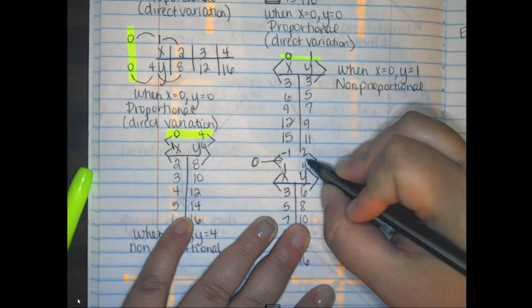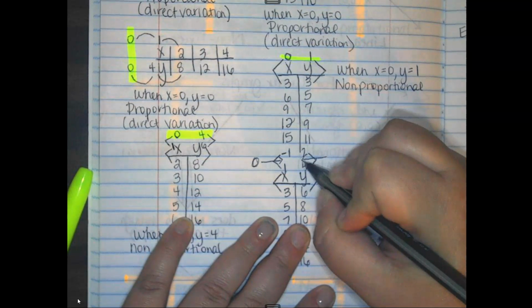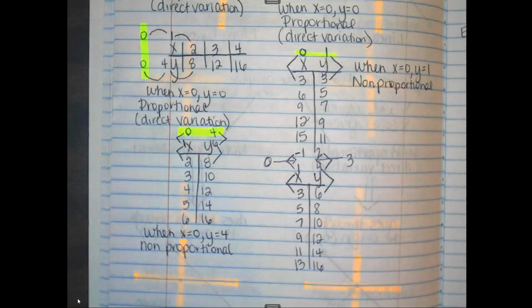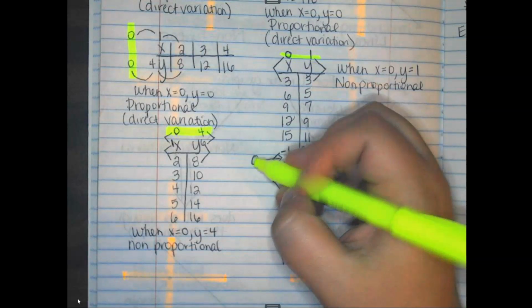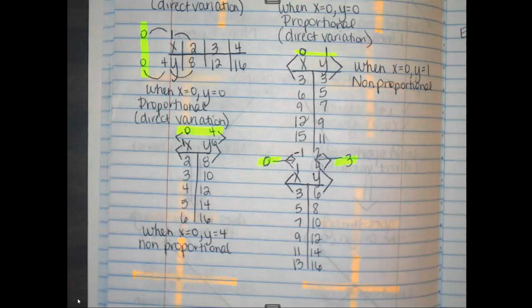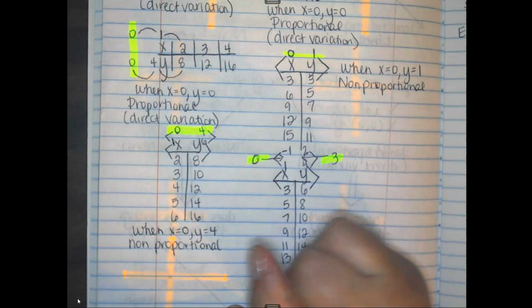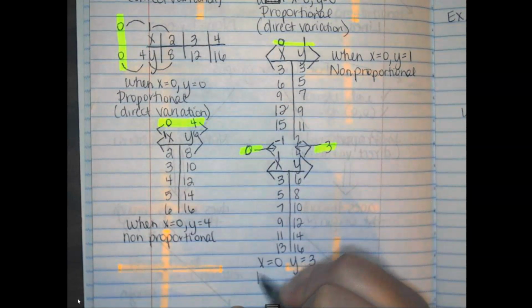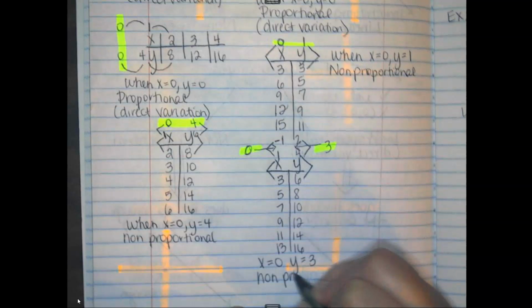So I'm going to go halfway between these, which is going to be the 3. 0 and 3. So when my x is 0, y equals 3. So this is non-proportional.